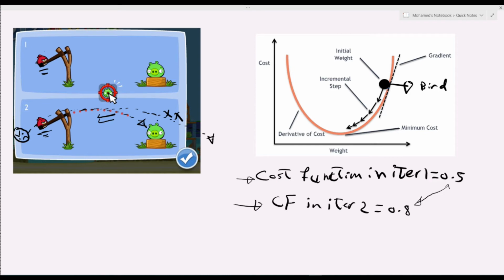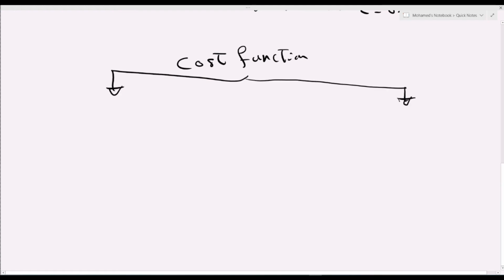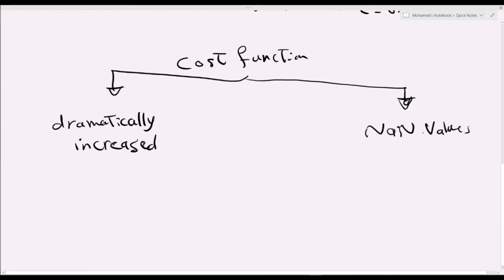The normal case is when the cost function in the first iteration is 0.5, it should decrease, not increase. To detect exploding gradient, when the cost function dramatically increases or has NaN values, then you can say you have exploding gradient.